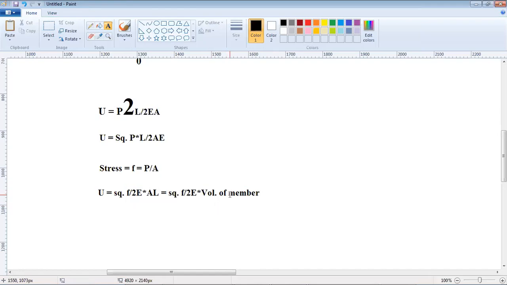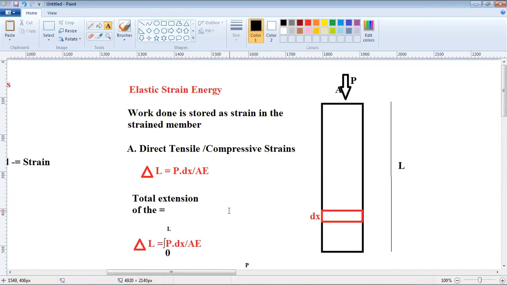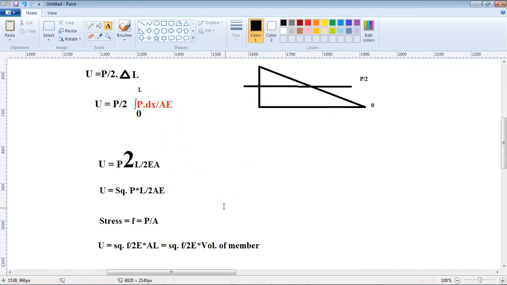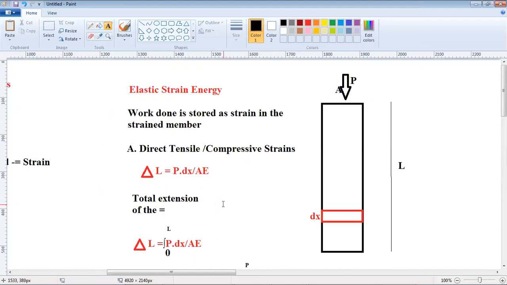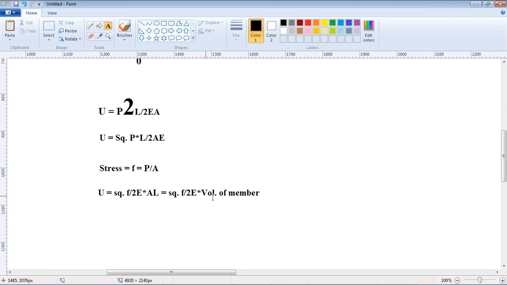That's the strain energy which is stored. So under direct tensile and compressive strains, strain energy is F square by 2E into volume of the member.